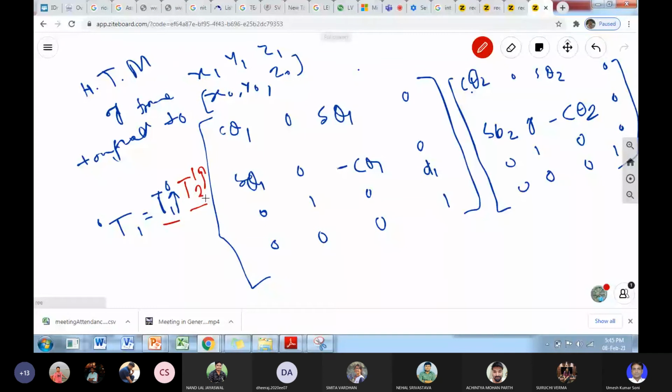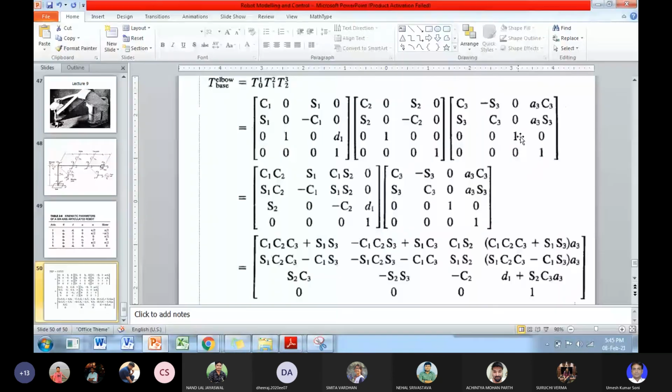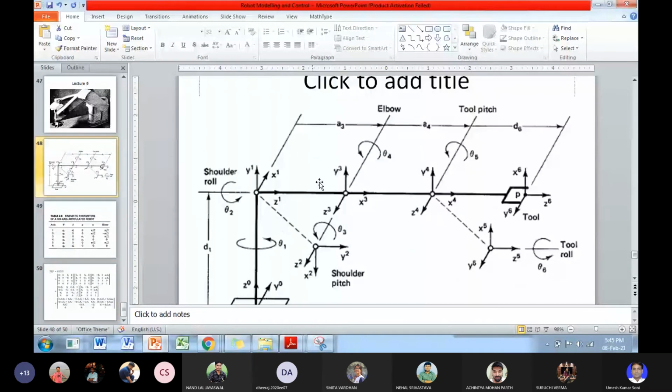I have represented here arrow for your convenience. Arrow is representing how the transformation is going on, मतलब ये किधर से किधर को हो रहा है. ओके, अब वैसा ही थर्ड ट्रांसफॉर्मेशन है, इसको आप निकालिए. तो यहाँ पे आप देख सकते हैं थर्ड ट्रांसफॉर्मेशन में, you have seen here that because this x2 y2 z2 axis frame is at the same origin as x1 y1 z1, so the distance between two origins, one origin this and the origin of this joint is total a3.